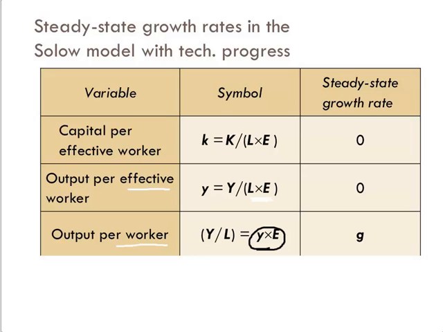Well, I'm telling you it's G, but let's take a step back for a second and take a look at that. So, I know that output per worker, in this case I'm going to write it big Y over L, because I don't have little y anymore to be output per worker, because little y is output per effective worker.